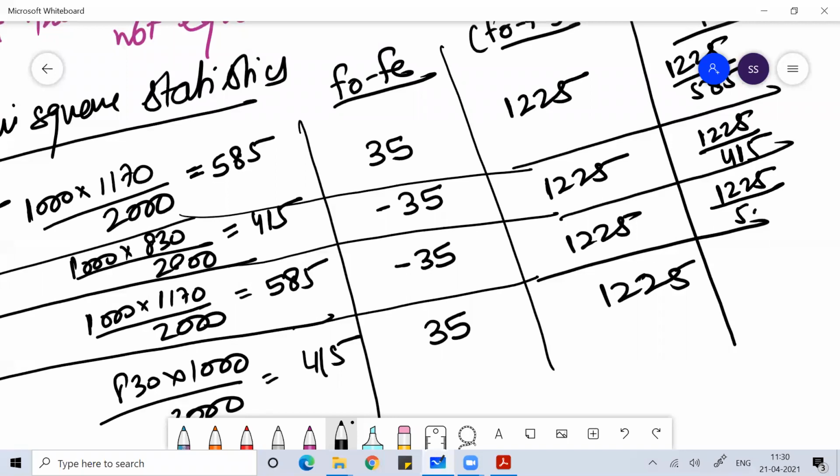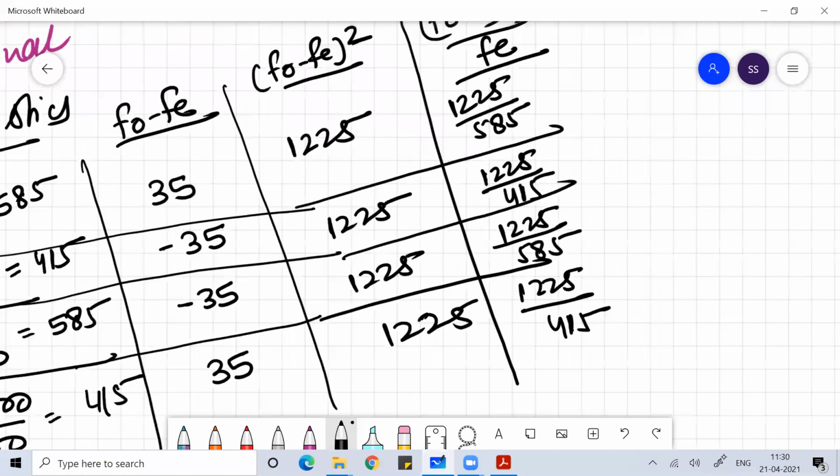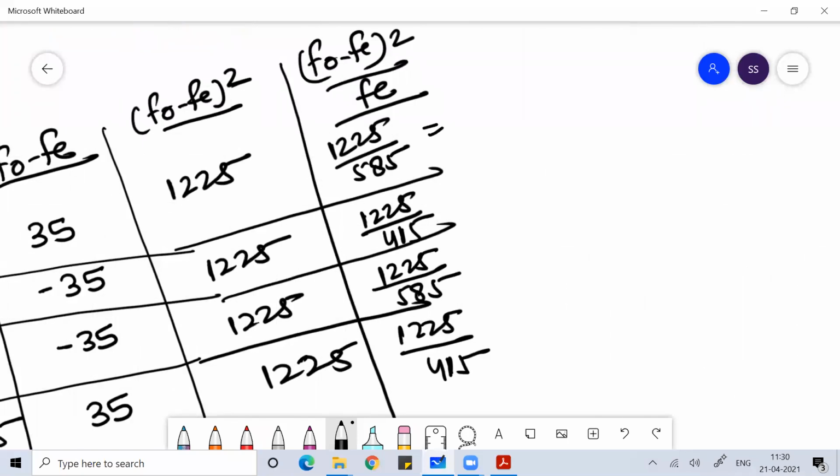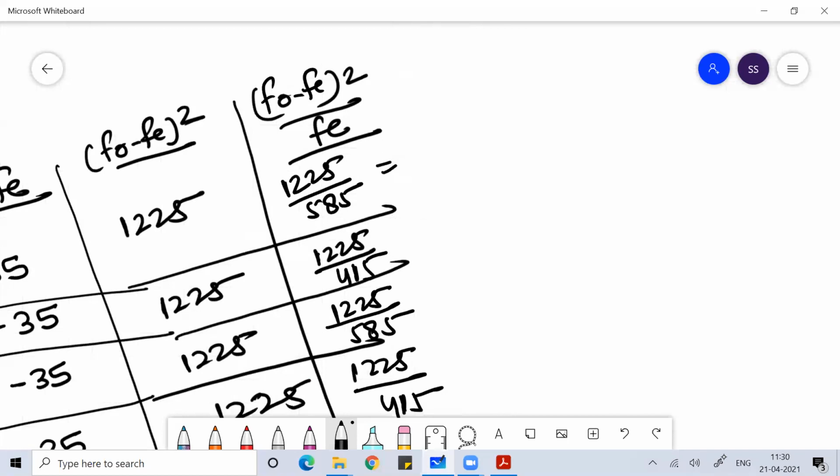Do that calculation. 1225 divided by 585, you'll get 2.094.